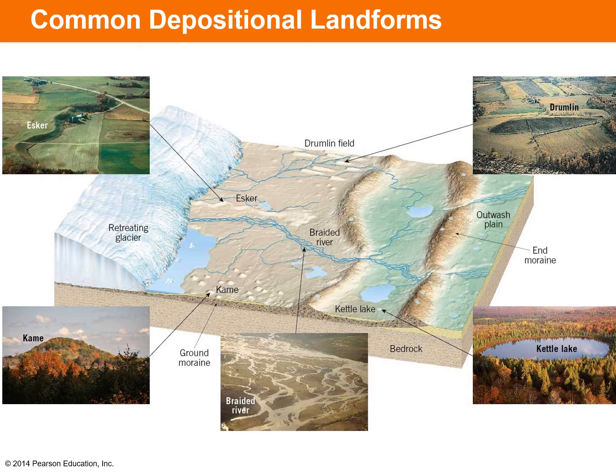You can see a braided river, which is the type of river that forms at the outlets of glaciers. And you can see a drumlin field, and then a kettle lake and a kame as well.